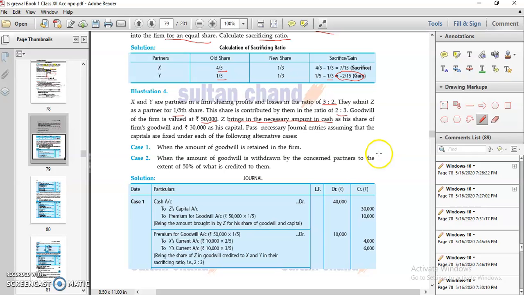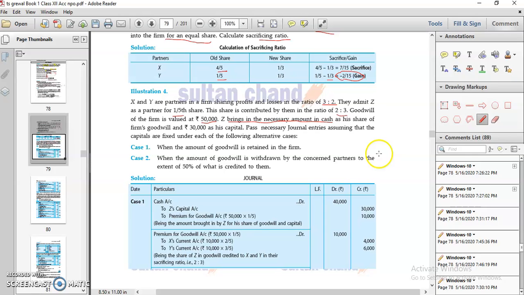If total goodwill of the firm is given and the share of the new partner is given, multiply the share of the new partner by total goodwill, and it gives the goodwill share of the new partner. So the entry: cash account debit to Z capital 30,000, premium for goodwill 10,000.